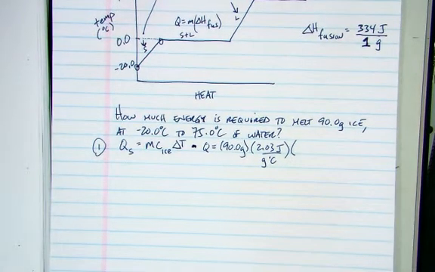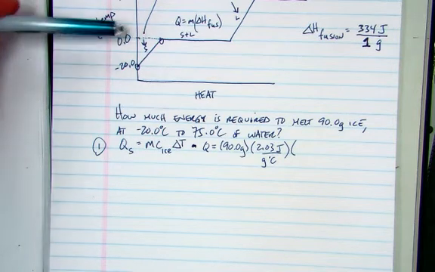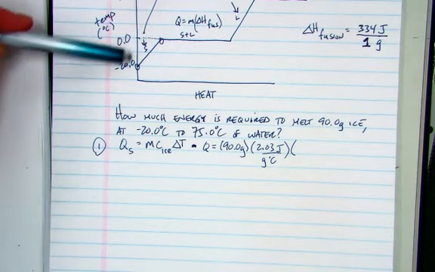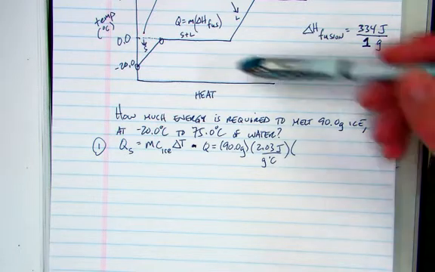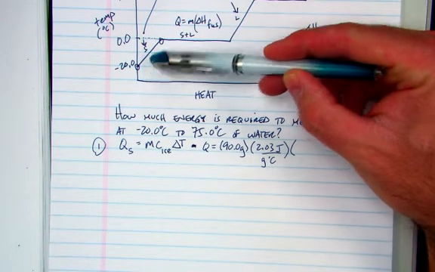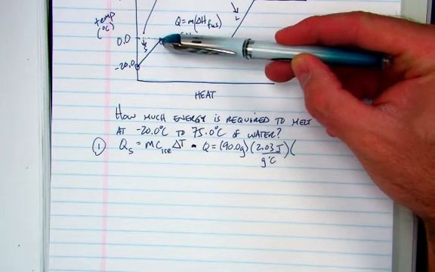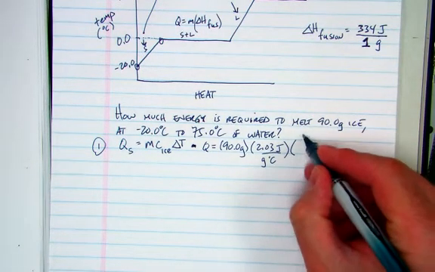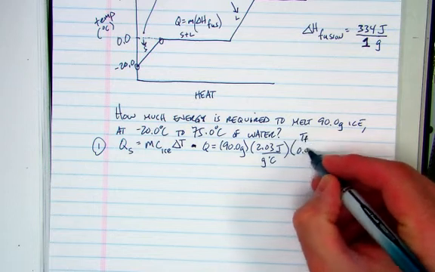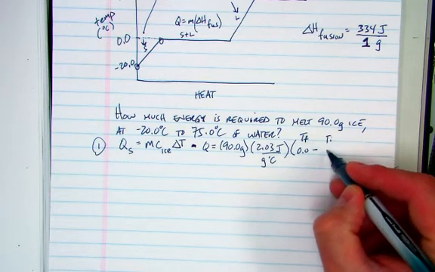The change in temperature is from negative 20 up to 0, because we're only dealing with this section of our phase change diagram. So if we're starting from negative 20 and going to 0, your initial temperature is negative 20 and your final temperature is 0. So T final was 0 minus the initial temperature, which was negative 20.